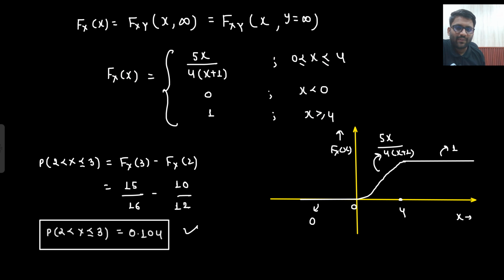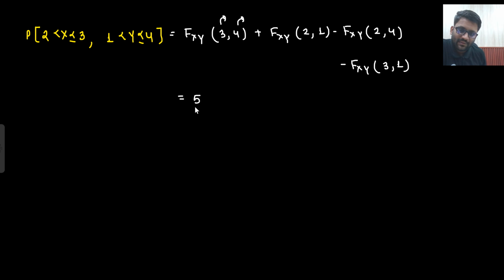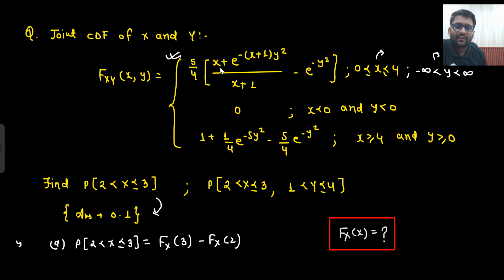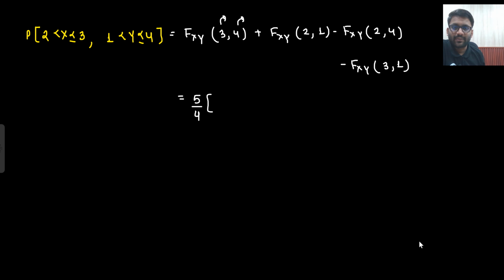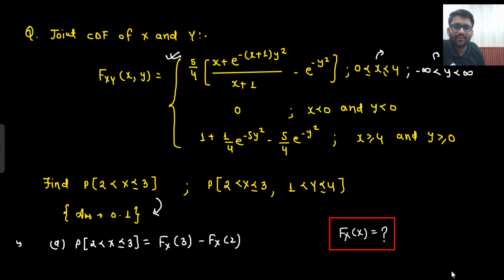So 5 by 4, x equals 3 and y equals 4. Right? This is what they are expecting me to write, 3 and 4. 5 by 4, 3 plus, 4 to the power 3, 64.